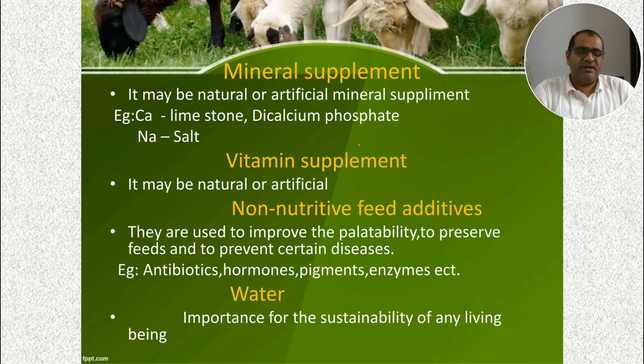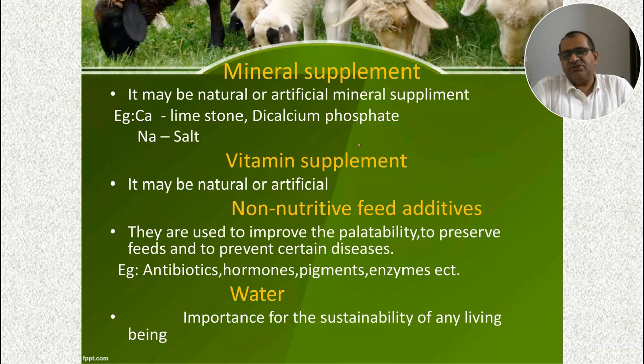Then, mineral supplement is another component of cattle feed. The minerals should contain many things, especially sodium, calcium, potassium, chloride, zinc, phosphorus and sulfur, and these will be supplied by dicalcium phosphate, especially the calcium and phosphorus.